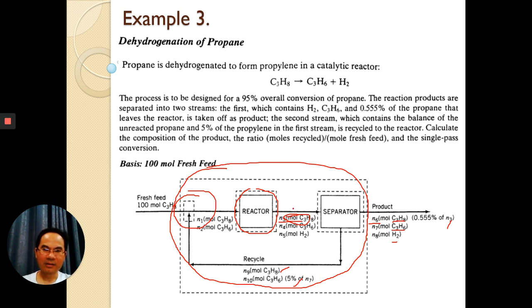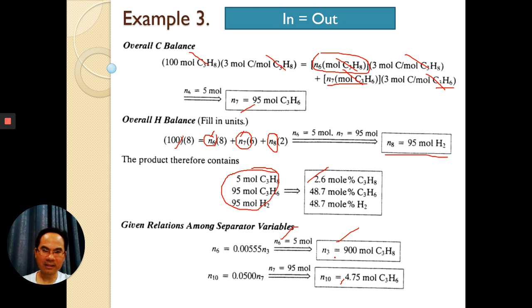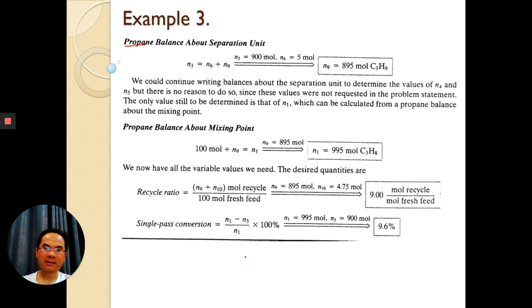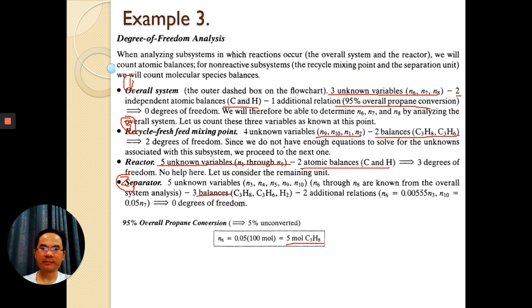You know N3, you know N6, so you can solve for N9. From the propane balance, input is N3, output is N6 plus N9. You know N9, you know N10 already, and you know N6.